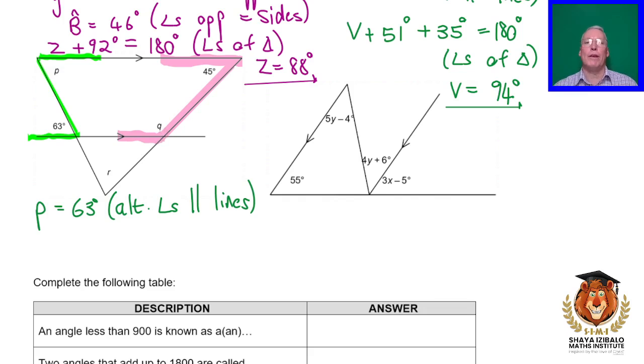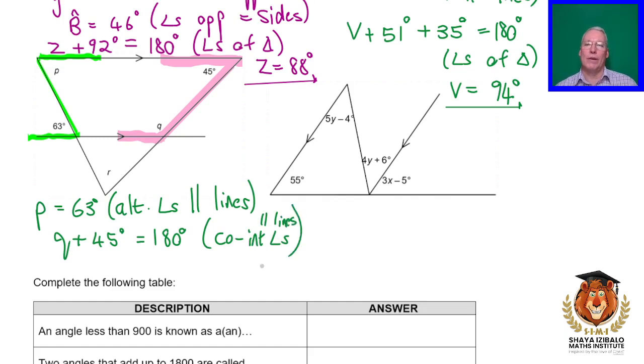Okay, so Q plus 45 is 180 degrees. All right, and that's co-int angles, parallel lines. Okay, so Q, if we subtract 45 from both sides, Q is 135 degrees.